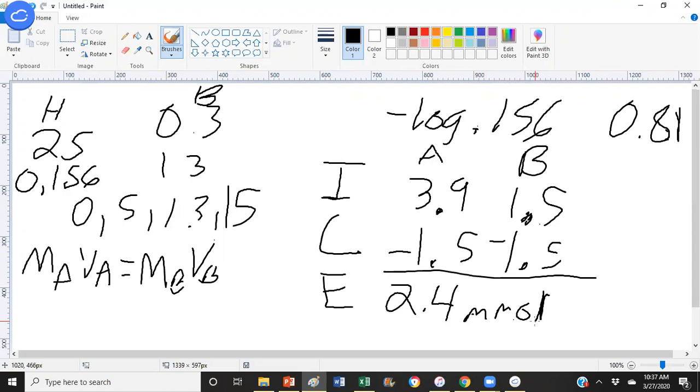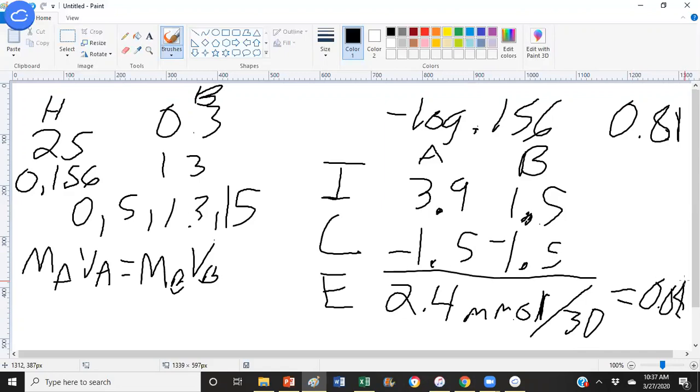Step 3, we divide by our total volume. Our total volume is now 25 plus 5, 25 acid, 5 base, so 30 mLs. So the molarity of acid is now 0.08.